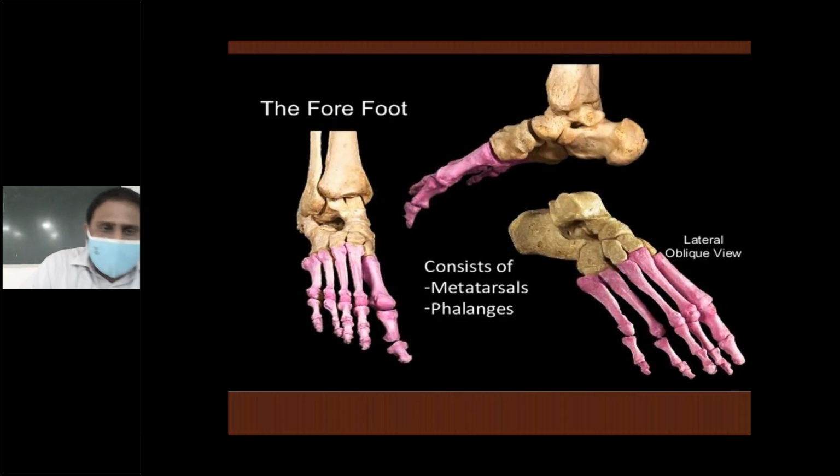Next one is the forefoot. It consists of metatarsals and phalanges, numbered 1, 2, 3, 4, 5. 5 metatarsals and 14 phalanges make up the forefoot.